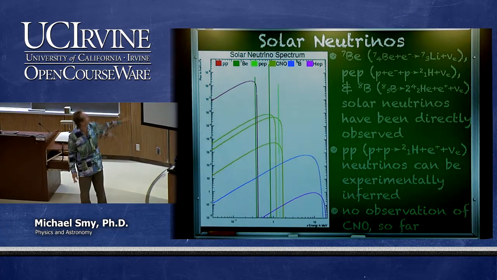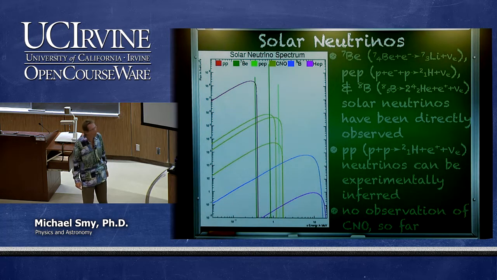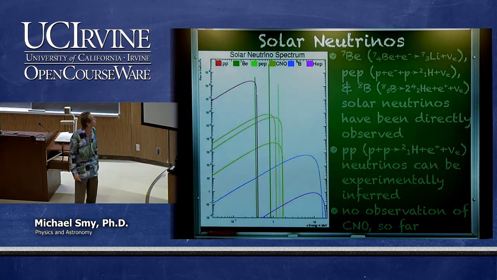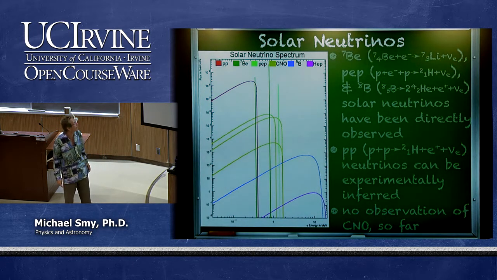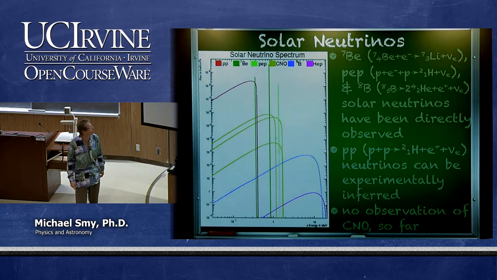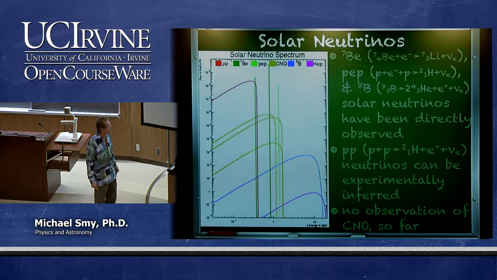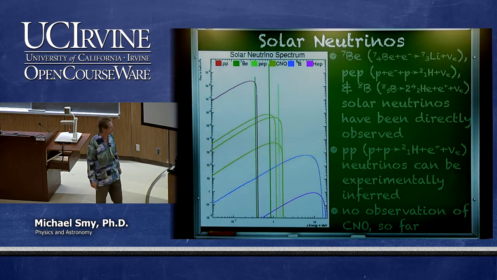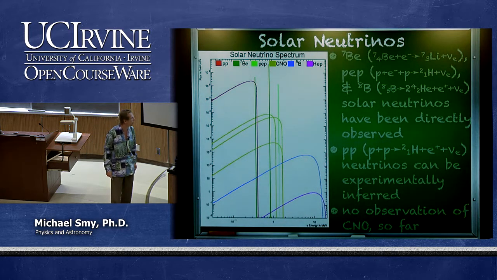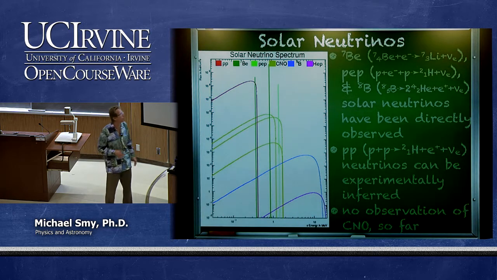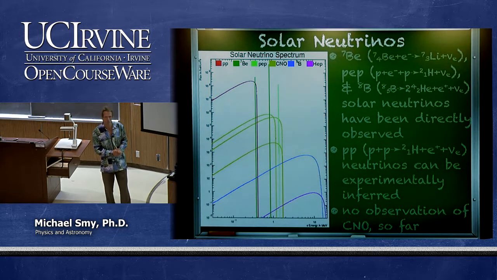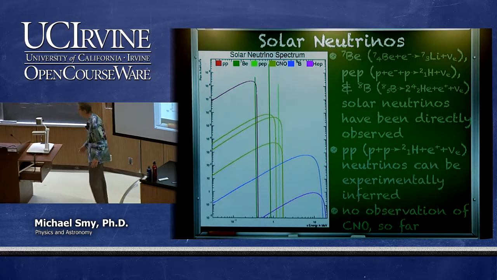And this is the energy spectrum of the 8 different types of solar neutrinos that ought to exist. And out of those 8, 3 different species have been uniquely identified. There's no direct observation for the CNO cycle so far, but you can infer it from the sequence of stars observed in astronomy.